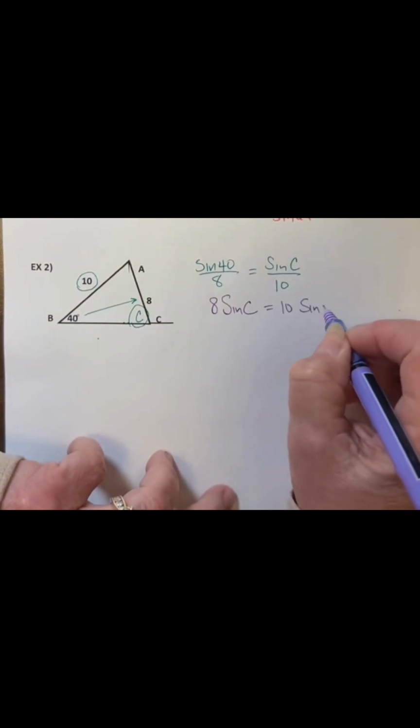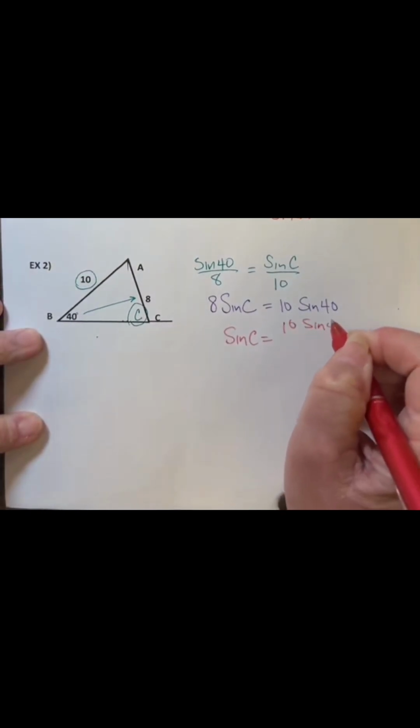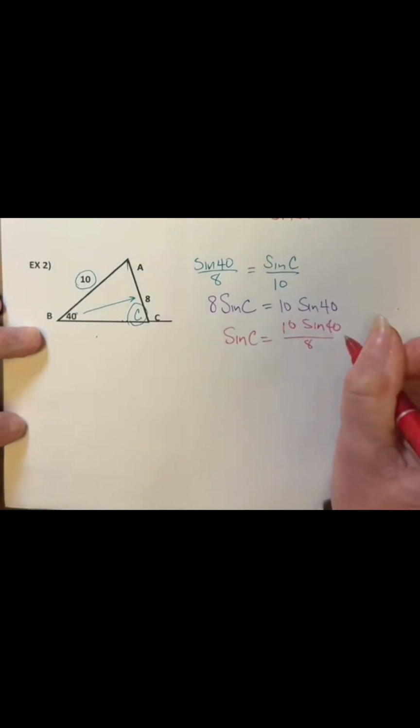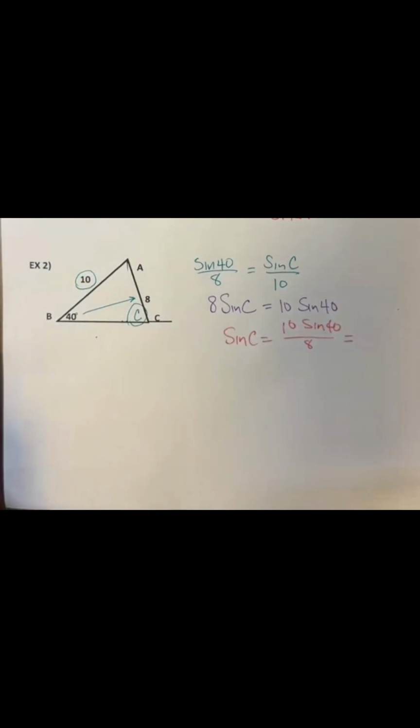10 times sine 40. Divide by 8. So sine C equals 10 sine 40 over 8. We put second in the calculator.